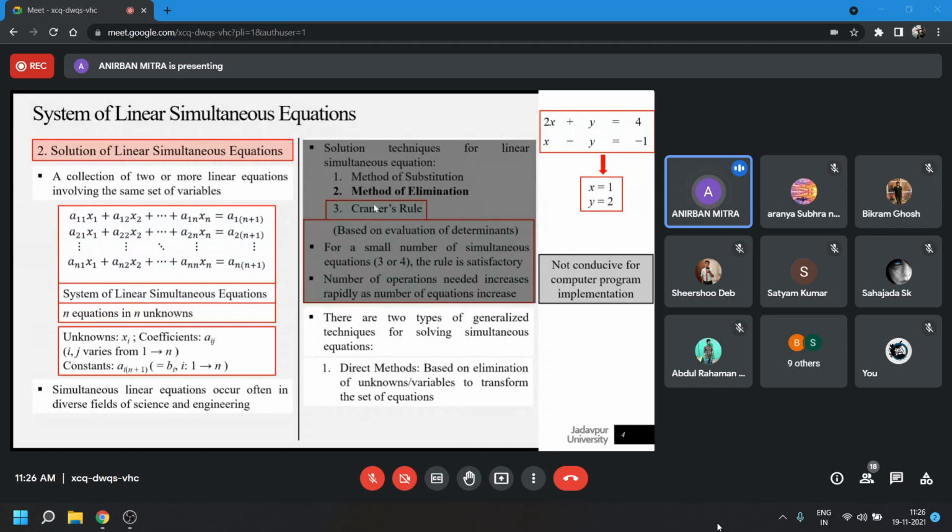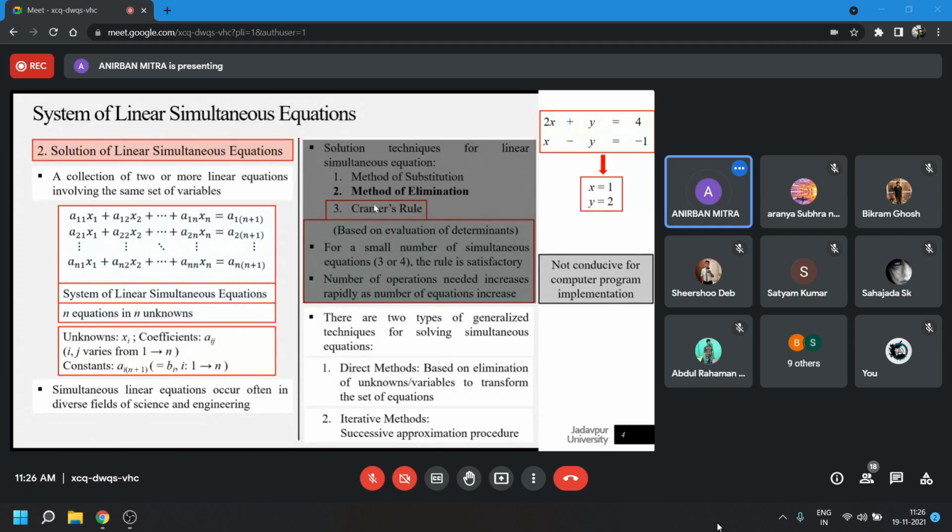In Gaussian elimination, there will be one form. In Gauss-Jordan elimination, there will be another form. I would just mention that in Gaussian elimination, we obtain a triangular form, whereas in Gauss-Jordan elimination, we obtain a diagonal form. We'll discuss those two in detail later on. But the second method is known as the iterative method.